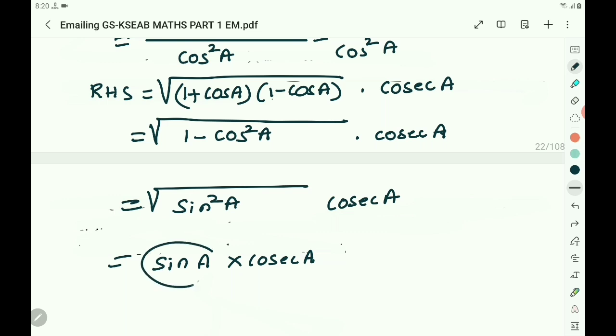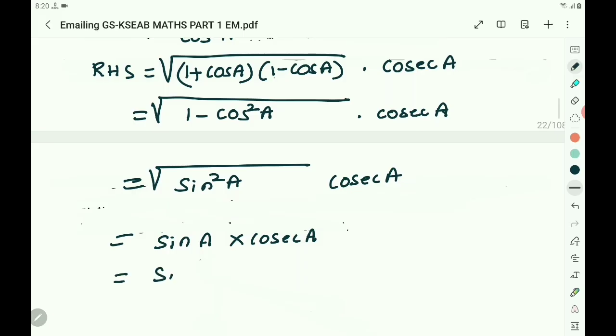Then you can write sin A as 1 by cosec A or cosec A as 1 by sin A. Sin A into cosec A is sin A by sin A. Then you can cancel the sin A and sin A, got 1.